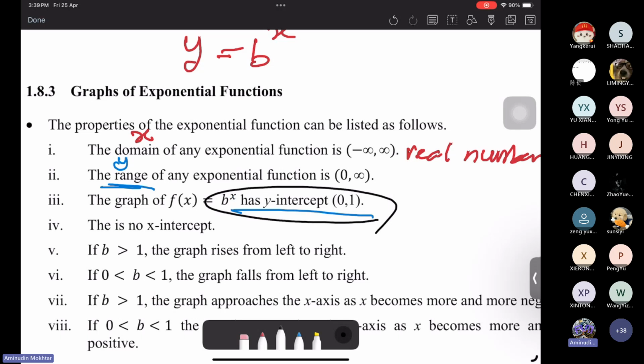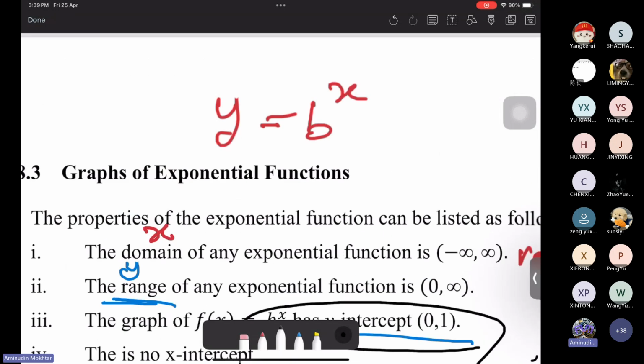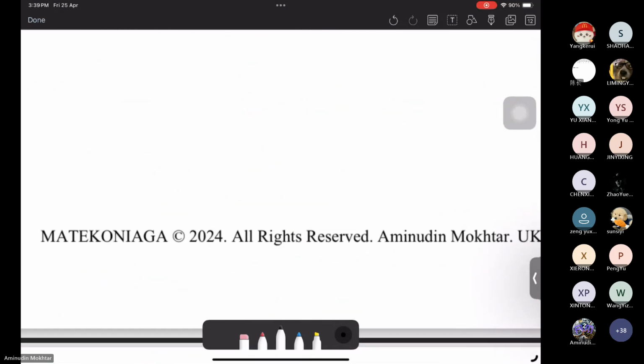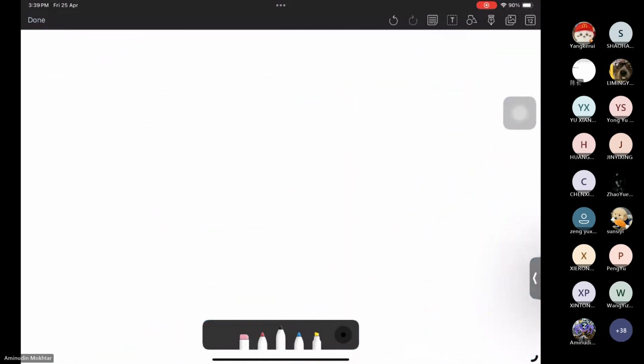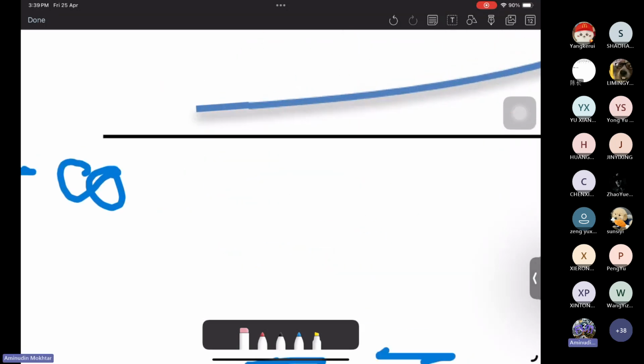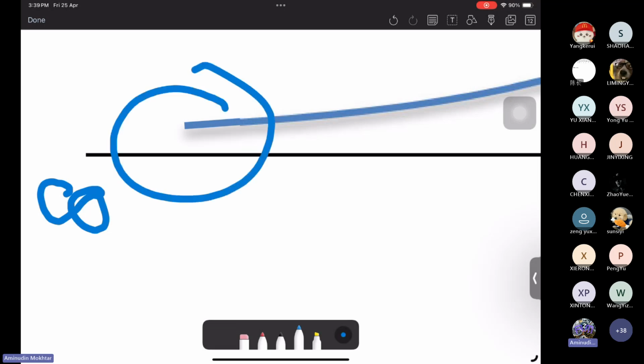Then there is no x-intercept. Number 5, there is no x-intercept. The graph never crosses the x-axis. When we draw this graph, at the tail area, the graph does not cross the x-axis.